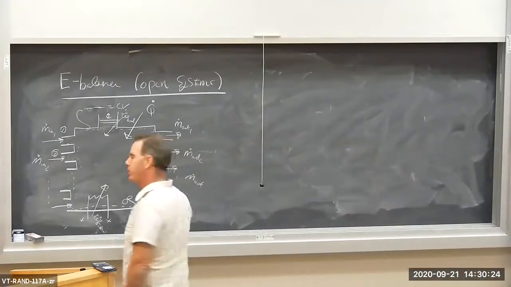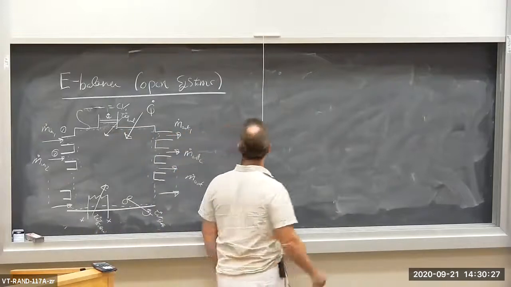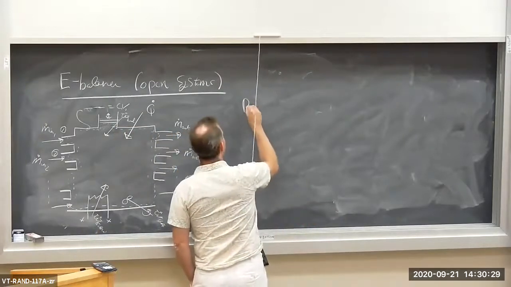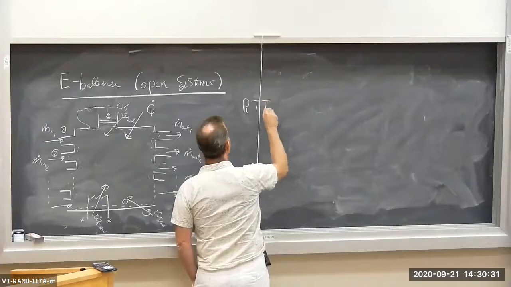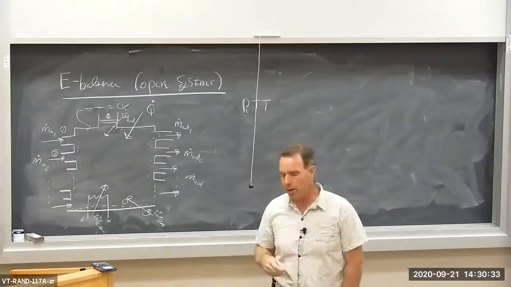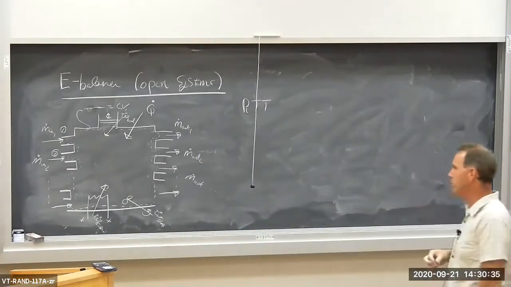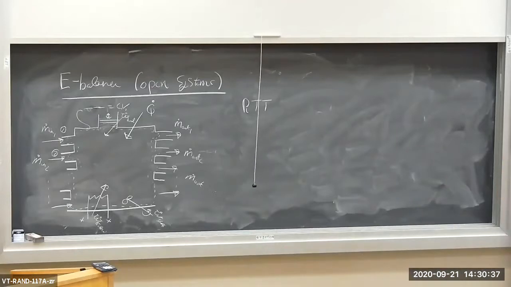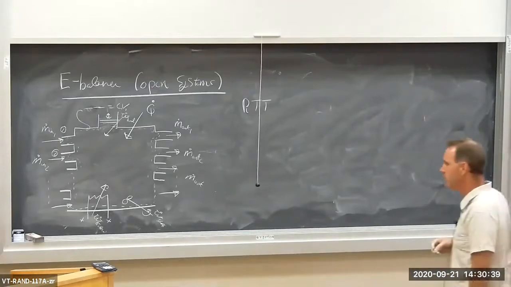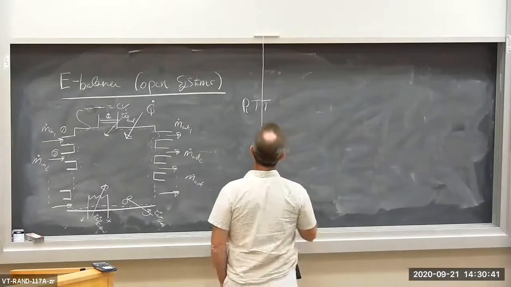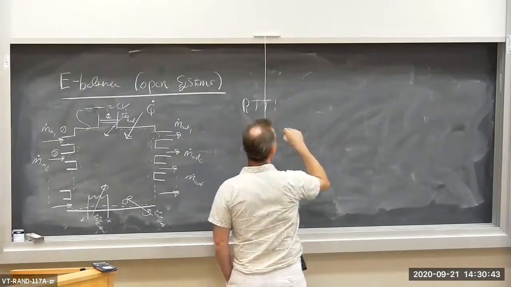Okay, let's write the Reynolds transport theorem here. Now that we have an idea of what our system may entail, mass flows across the system boundary, various kinds of heat and work interactions. So the Reynolds transport theorem says what?